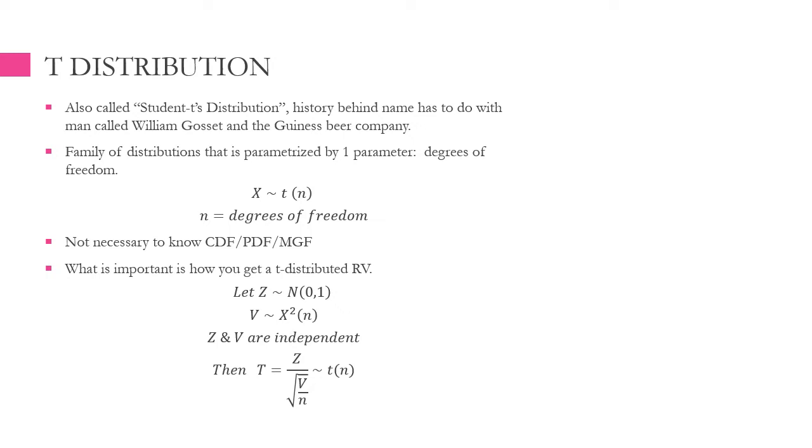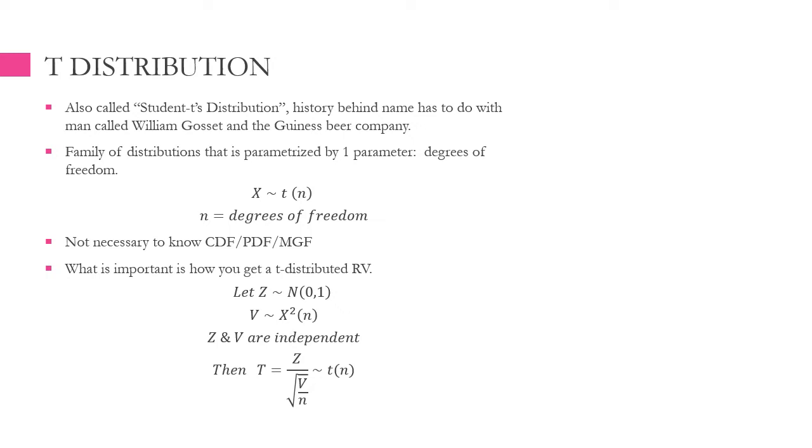Regardless, what's important to note is that the chi-squared, the V, we need to divide by the number of degrees of freedom in our chi-squared, and then we will have the same number of degrees of freedom in our t-distribution. That's important because later on we won't be working with n degrees of freedom, but with n minus 1.